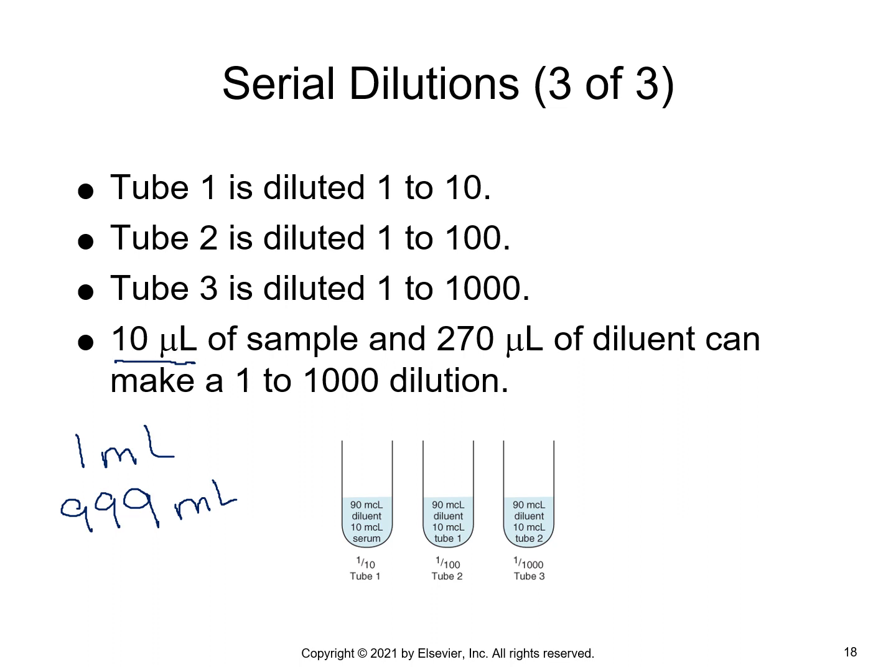And if we think about the 90 microliters of diluent in each of these tubes, we've reduced that down to 270 microliters to get that 1 in 1,000 dilution. That makes the volumes required much lower, and it reduces the potential for waste.